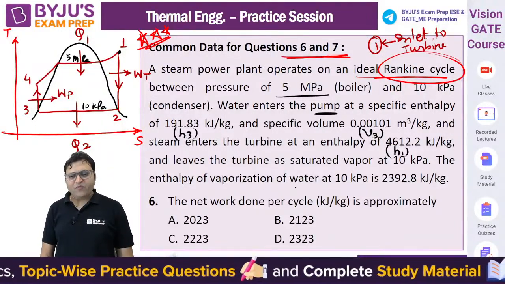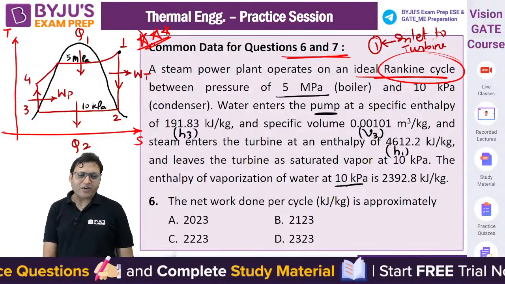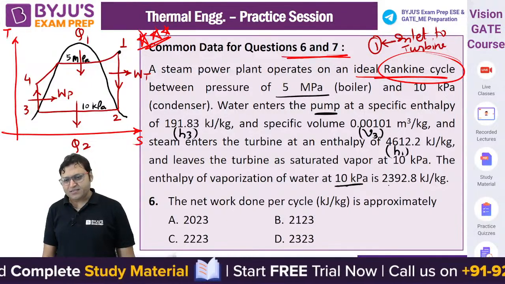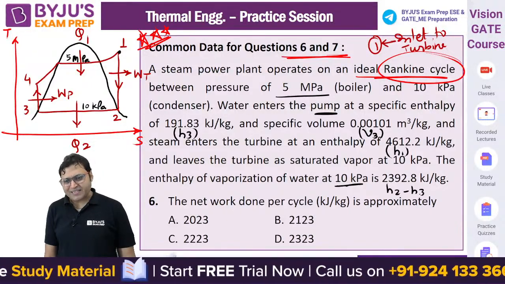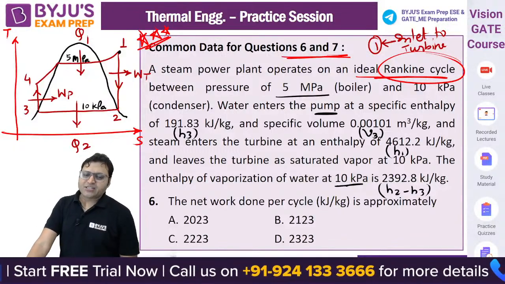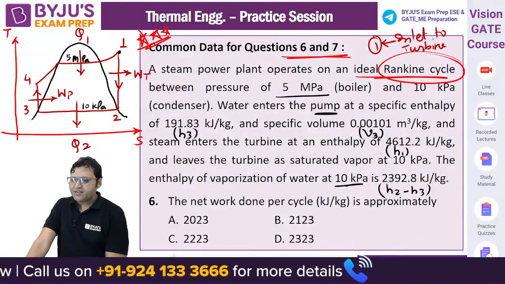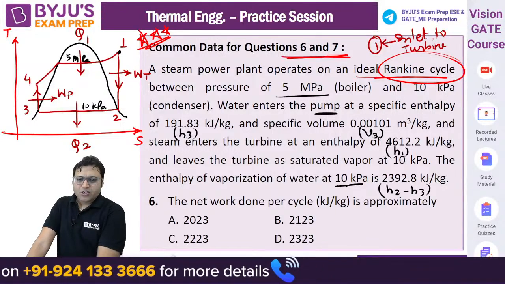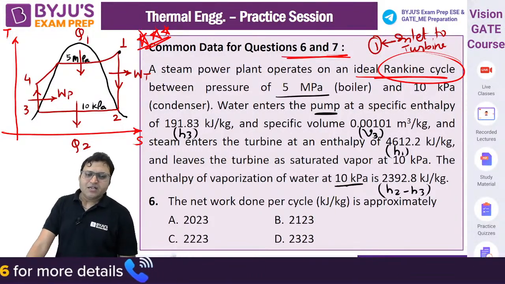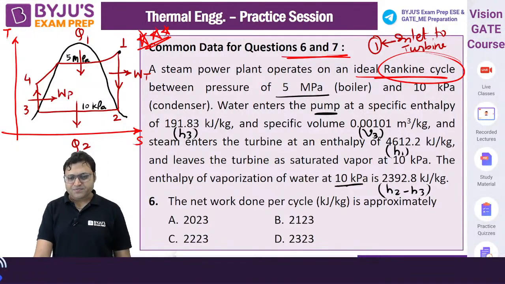The enthalpy of vaporization of water at 10 kilopascal, that is H2 minus H3, is 2392.8 kilojoule per kg. The question is to find out the net work done per cycle, approximately.